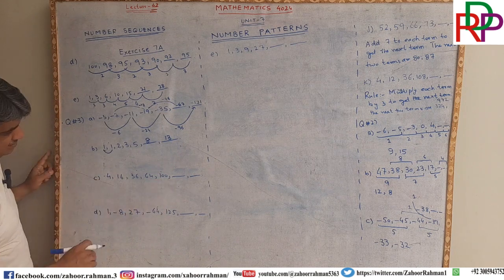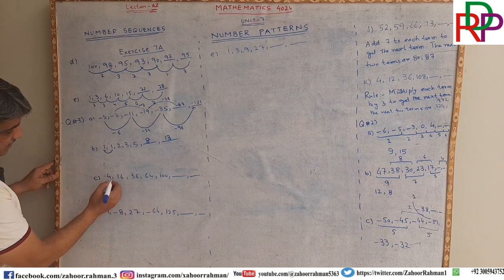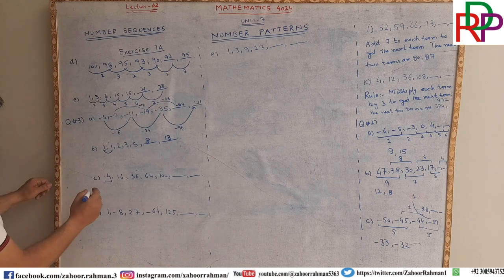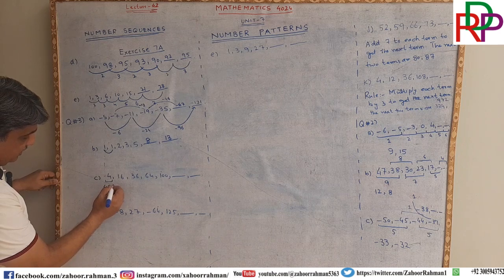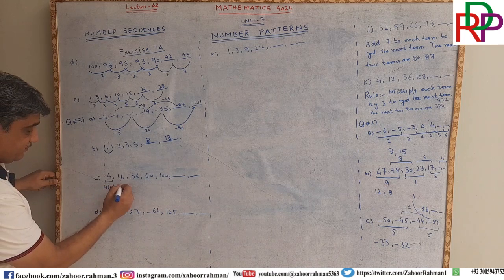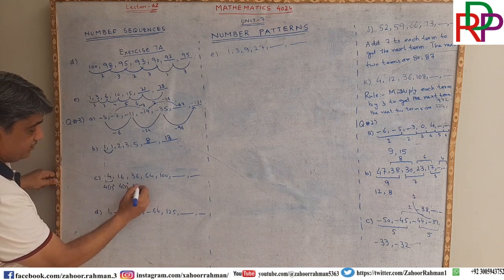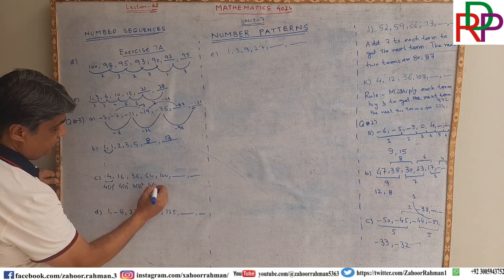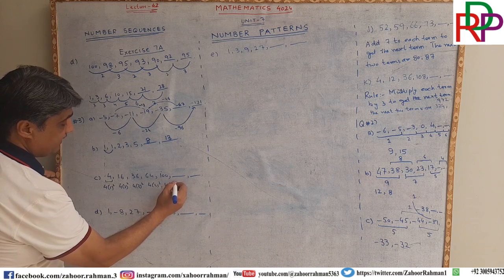Now this is the difficult one. How are we getting this? We are getting this by multiplying 4 into 1 square, and this 4 into 2 square, and this 4 into 3 square, and 4 into 4 square, and 4 into 5 square.